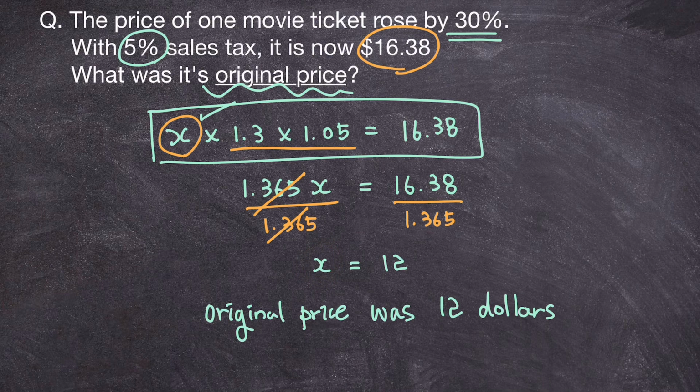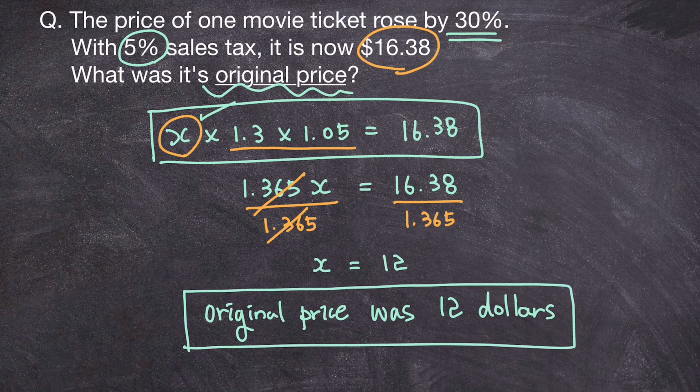So you should always answer word problems by stating the unknown, in this case the original price of the movie ticket, in words, and stating the numbers with units. So I'm going to box this phrase and put a capital A beside it to indicate that this is indeed my final answer to this word problem.